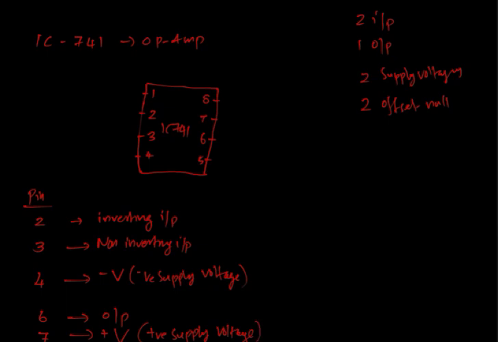These things are useful for your practicals. Here we have represented 5 pins; 3 more pins are there, pin number 1, 5 and 8. Pins 1 and 5 are used for the offset null voltages, and pin number 8 has no connection.